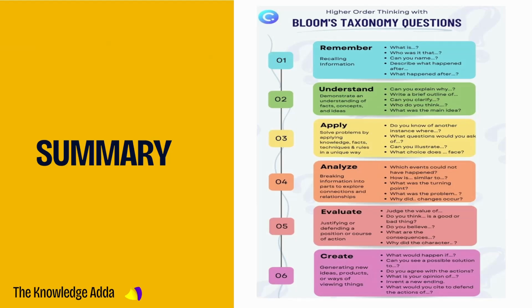Analyze means breaking information into parts to explore connections and relationships. Evaluate means justifying or defending a position or course of action. And create means generating new ideas, products, or ways of thinking. What would happen if, do you agree with the action?